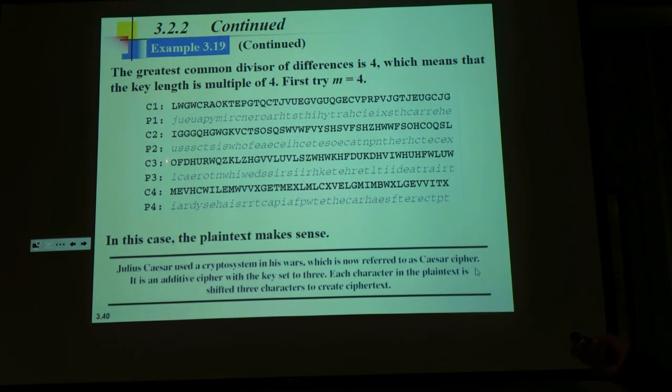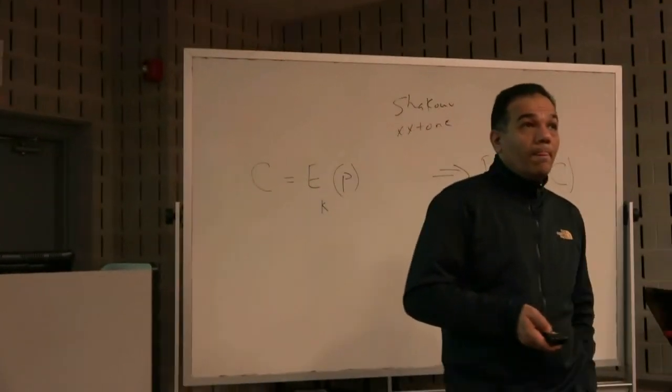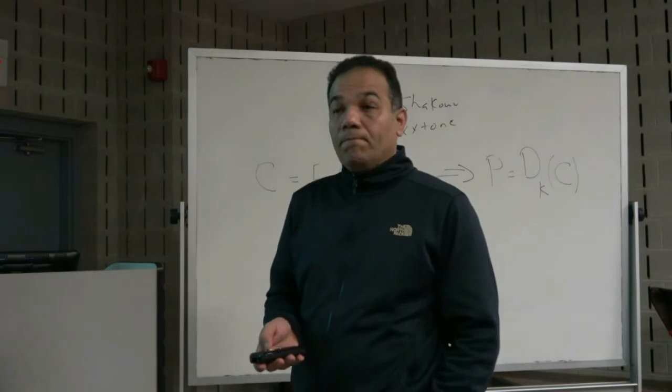J, U, L, I, then U, S, Julius, then C, A, then E, S, A, R, Caesar. Now you start to read it: Julius Caesar used a crypto system in his work, and so on till the end. Cryptanalysis is about analyzing and trying to get the key, trying it out. Maybe you get a good message. Good.